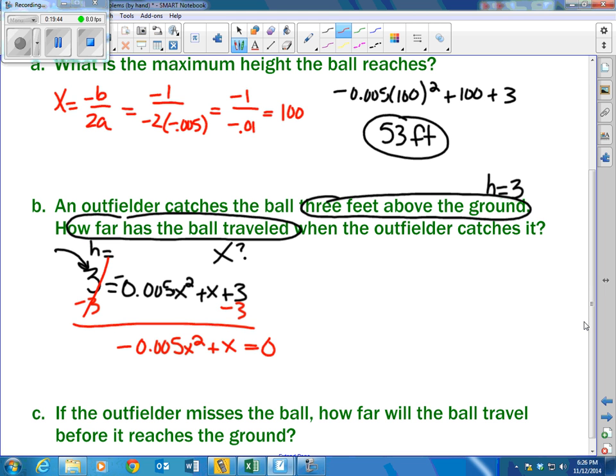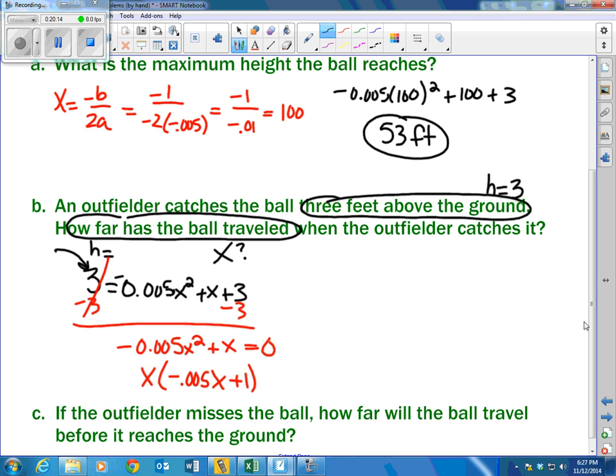Now what you can do is factor out an x. So if I factor out an x, I will have x times negative 0.005 x plus 1. Then I'm going to set each part equal to 0.